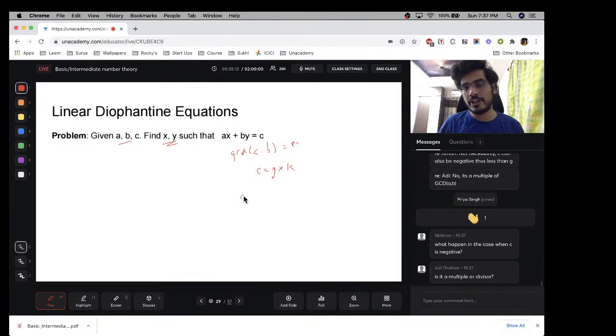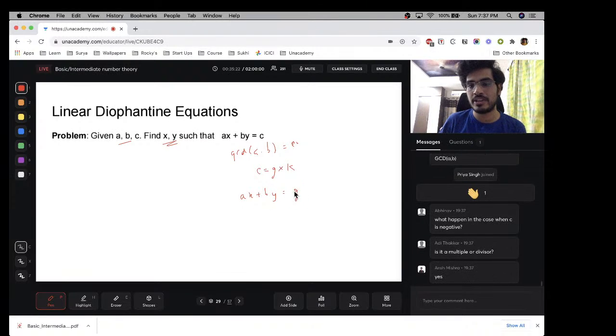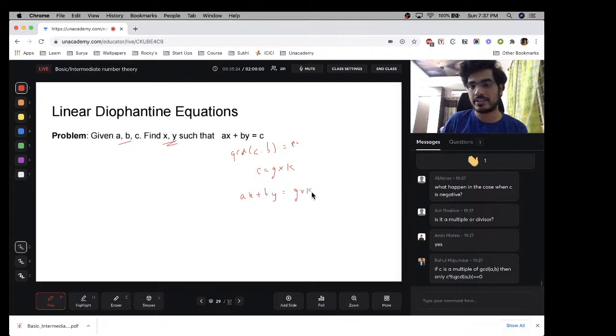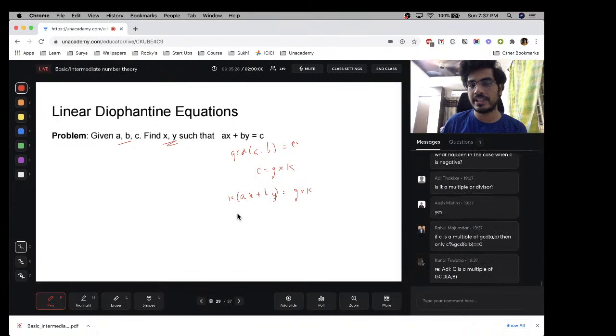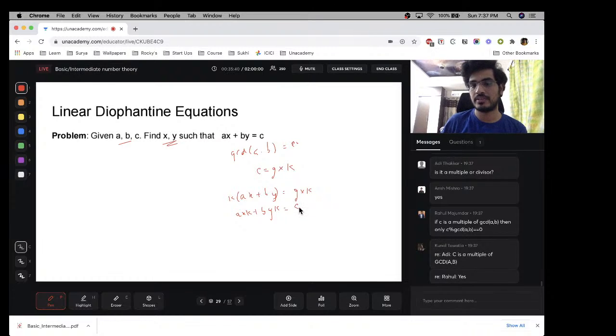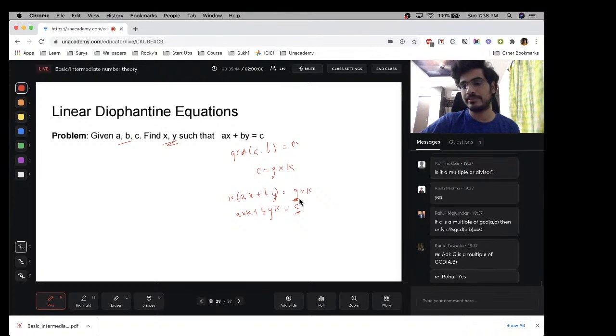Then we already know how to write ax plus by equal to g using Euclid's theorem. Then we just multiply k on both sides, so a xk plus b yk equal to c. The only requirement is c should be a multiple of g.